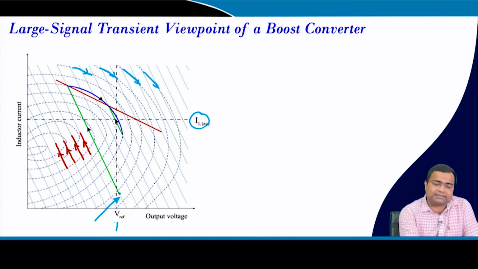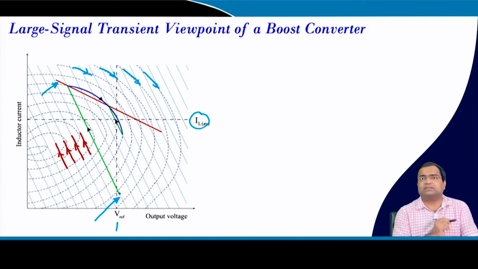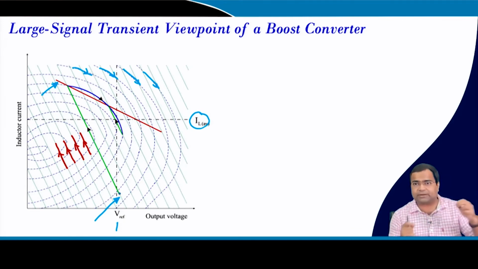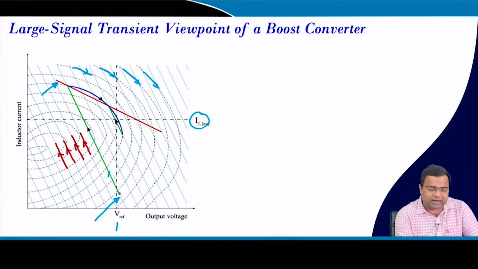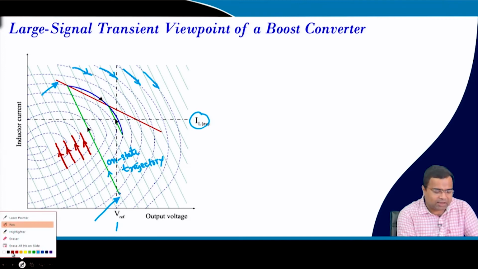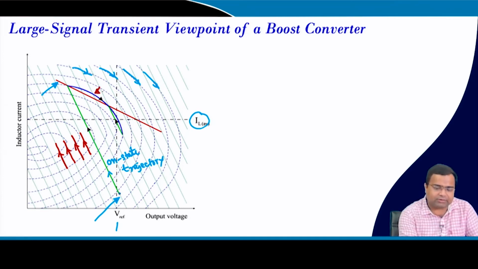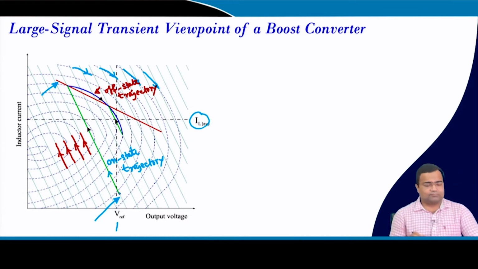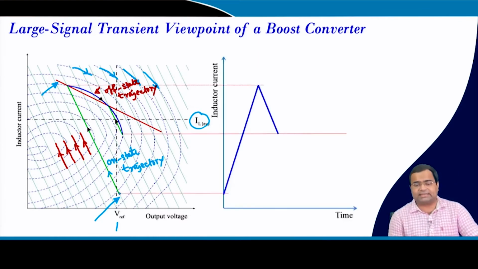So, if we take a surface, and we have already discussed the switching surface, the red one indicates a switching surface which is a first order surface, and if we set the surface slope in such a way that when the initial condition starts, this is the on state trajectory and this is the off state trajectory, it hits in such a way that it reaches the steady state point.